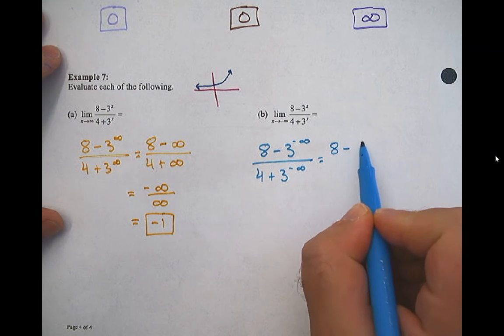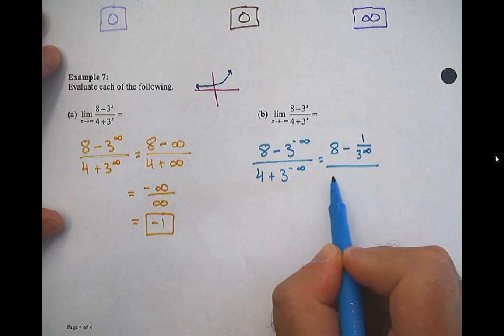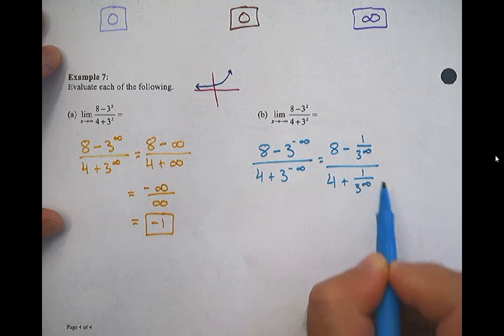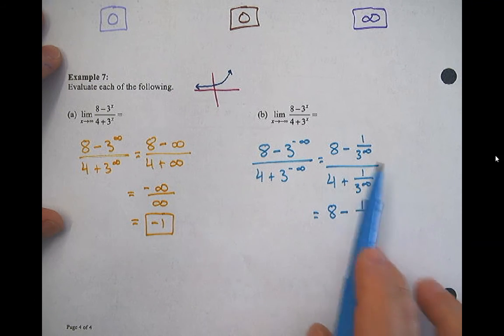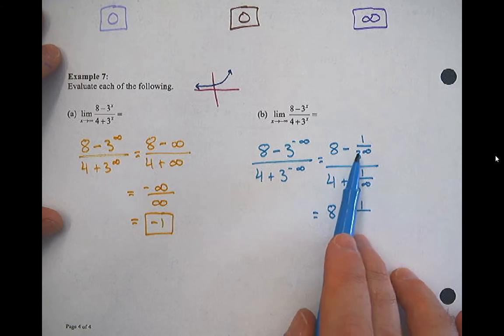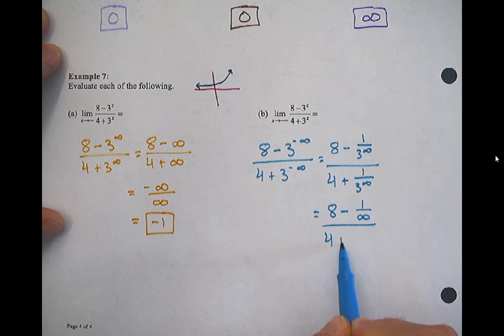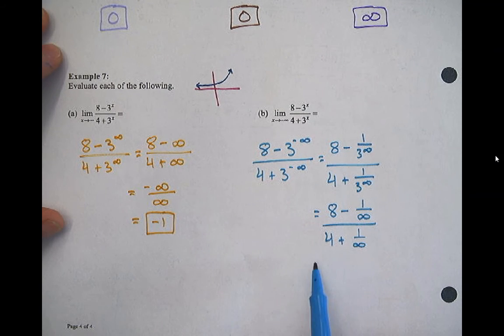So 8 minus 1 over 3 to the infinity, over 4 plus 1 over 3 to the infinity. What's 3 to the infinity? It's infinity, and the bottom is also infinity.